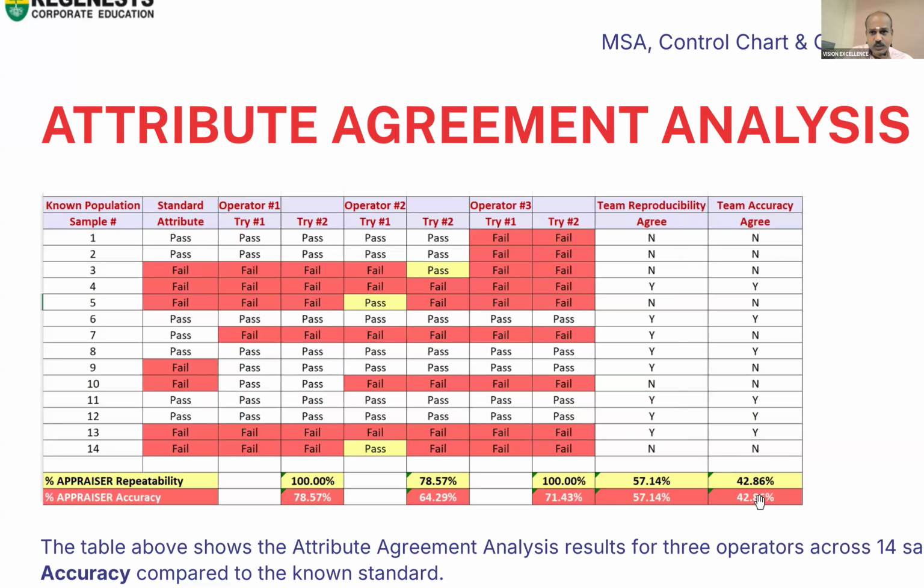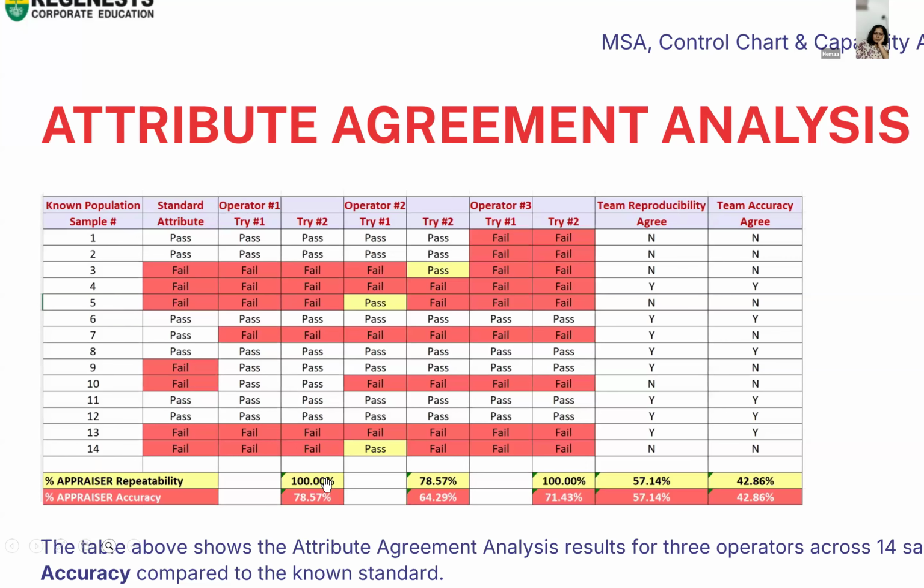And another thing we need to look at is operator repeatability. Operator 1, every time trial 1 and trial 2, if both are matching, the operator is considered to be repeatable. You see, all 14 times he repeated the same result, same outcome. Can you see here? Operator 1 and 3. So his repeatability is 100%.